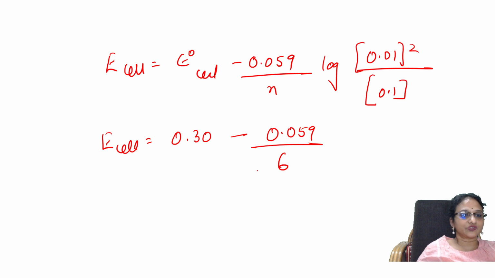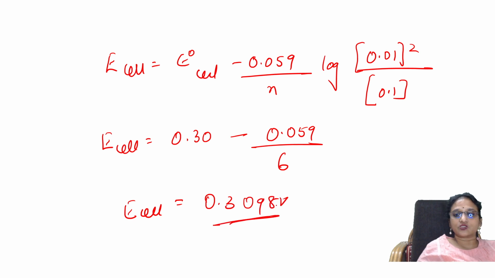Yes, 3 into 2, 6 electrons. When I solve this, under base 10, you will be getting 0.1. This again you'll be getting as log 10 only. It's 1. So I'm solving this and I'm getting a value of 0.3098 volts. Convert this under base 10. The denominator is again 10 to the power of 1. Take it to the numerator, subtract it. You'll be getting log 10, which is easy, students.